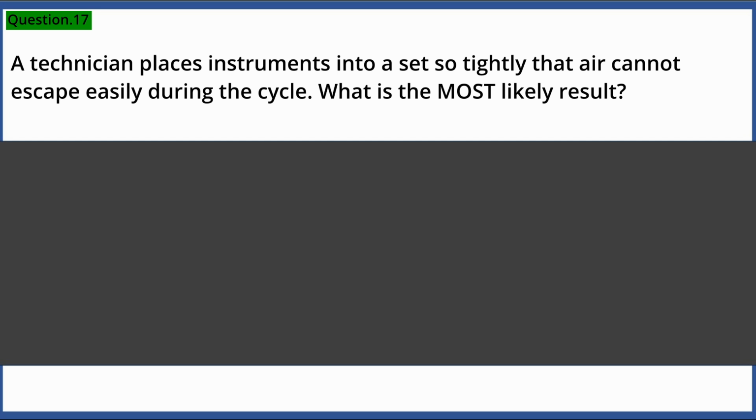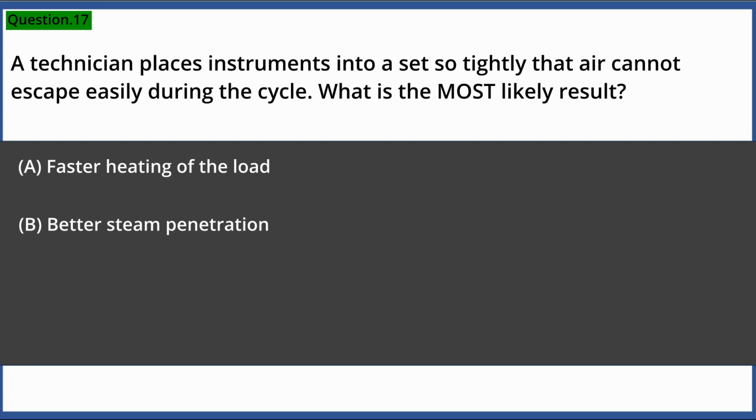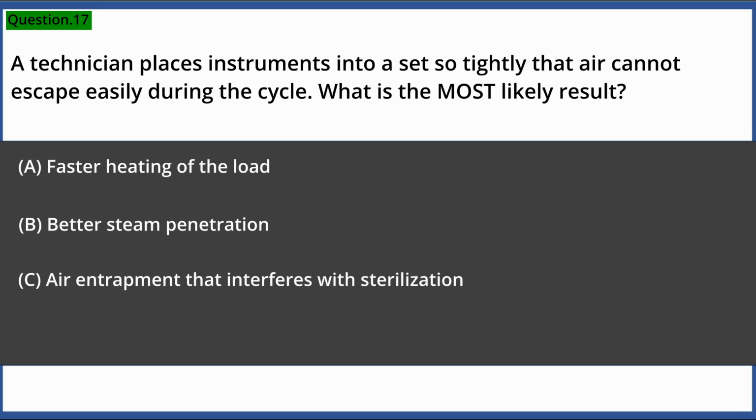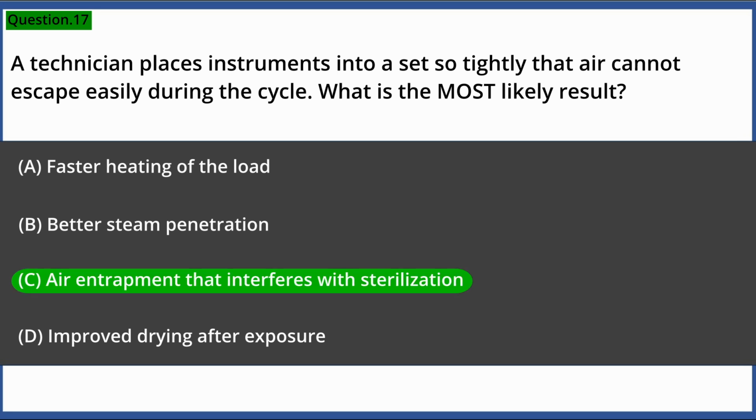What is the most likely result? A. Faster heating of the load. B. Better steam penetration. C. Air entrapment that interferes with sterilization. D. Improved drying after exposure. Answer: C. Air entrapment that interferes with sterilization.